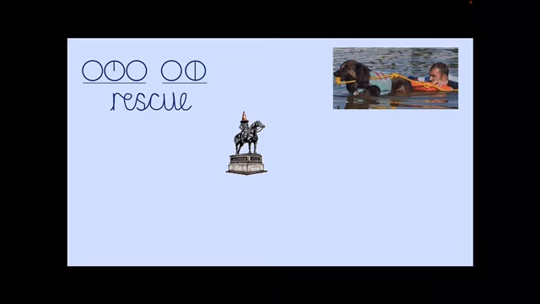And the next word, value. And that dog must have been really valued by the person that he was rescuing. Could have been the person she was rescuing too.